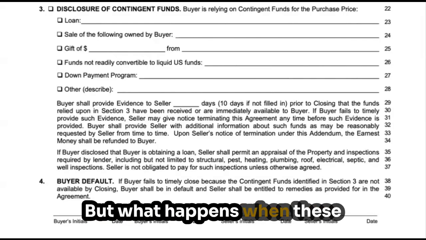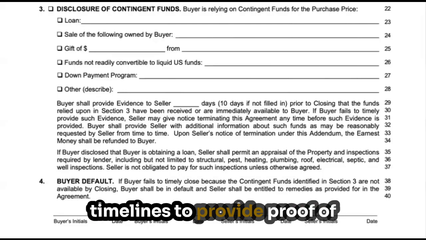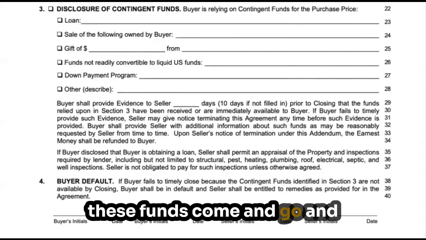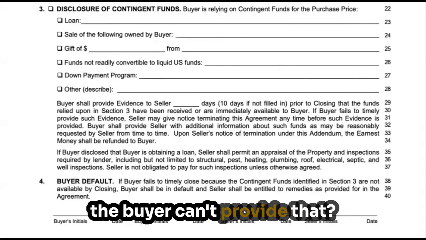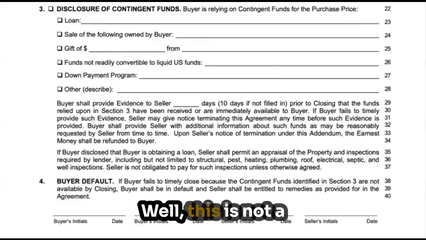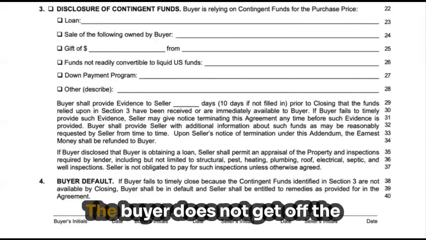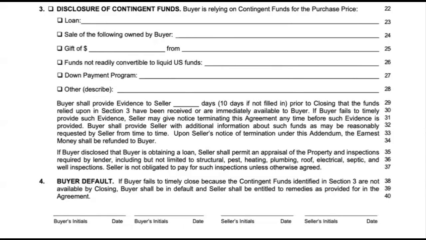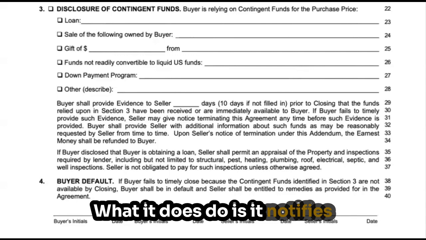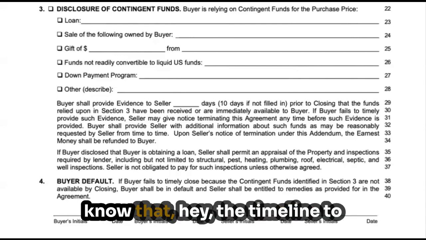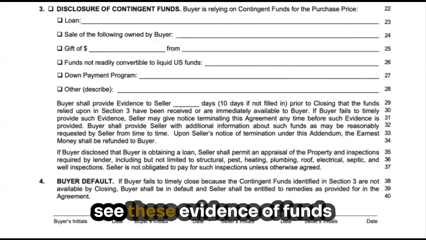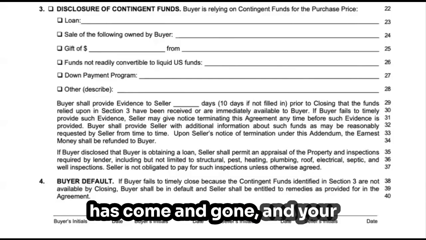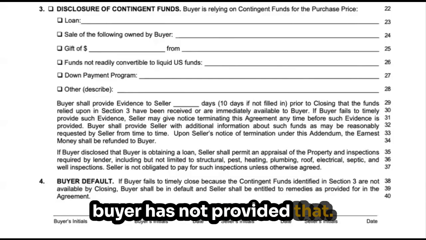But what happens when these timelines to provide proof of these funds come and go, and the buyer can't provide that? Well, this is not a contingency out. The buyer does not get off the hook because they just don't have the money at the end. What it does do is it notifies the seller and lets the seller know that, hey, the timeline to see these evidence of funds has come and gone, and your buyer has not provided that.